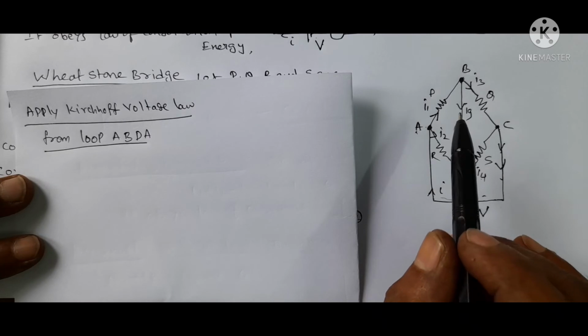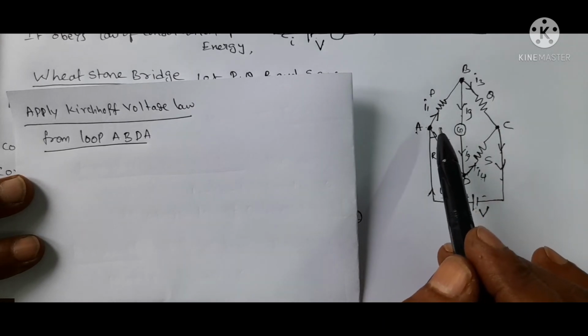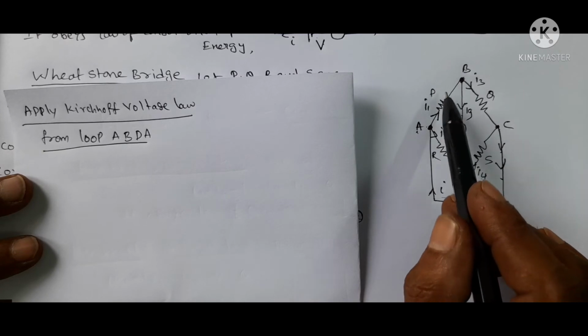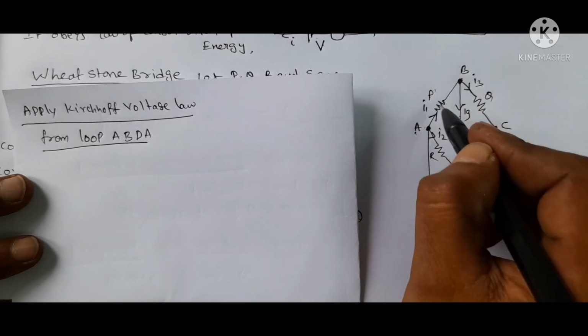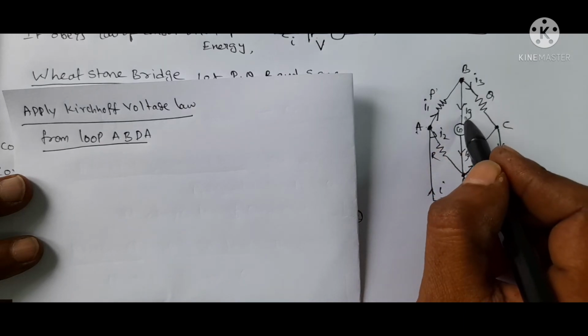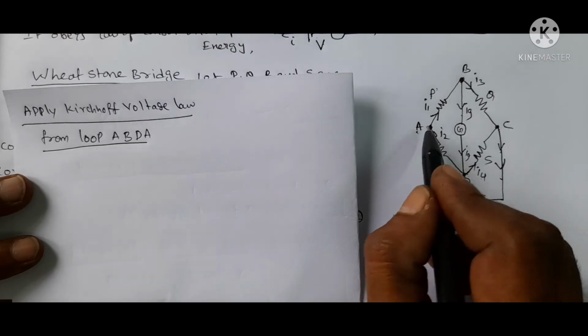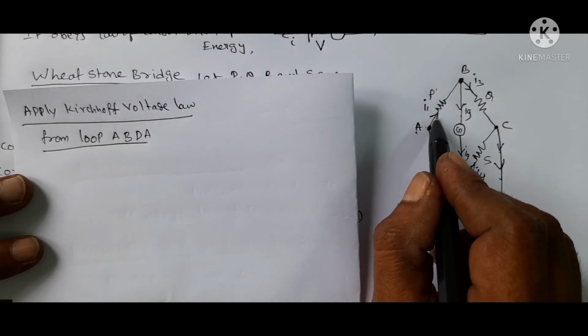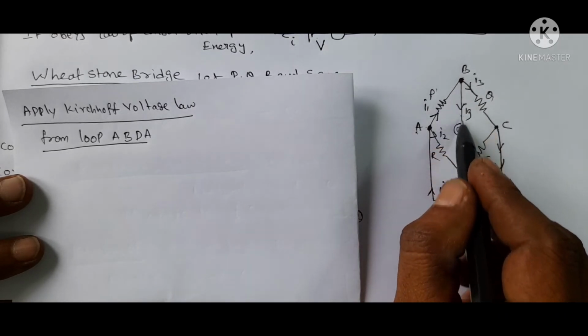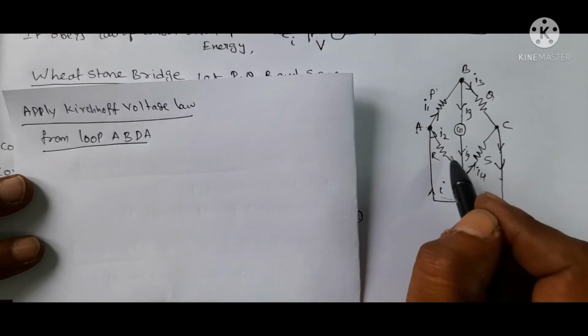Here the algebraic potential in a loop is equal to 0. For the algebraic potential, the arrow mark is important here. Look at this one: the potential across this resistor P is I1P, across this it is IgG, and across this it is I2R. Starting going in the positive direction, where the arrow mark is in the opposite direction we put minus.